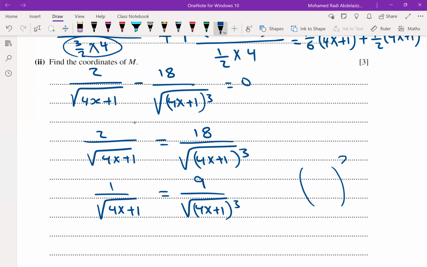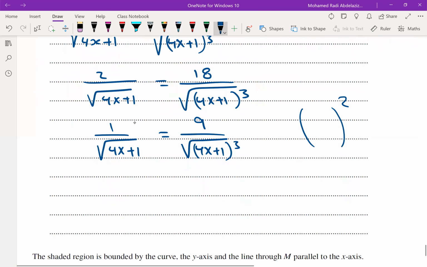Now, by squaring both sides to remove the square root, you will get 1 divided by 4x plus 1 is equal to 81 divided by 4x plus 1 all to the power of 3.